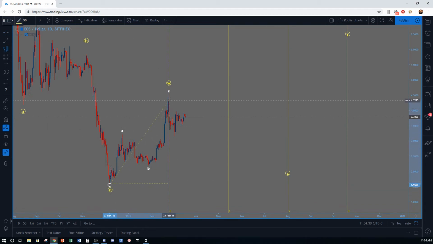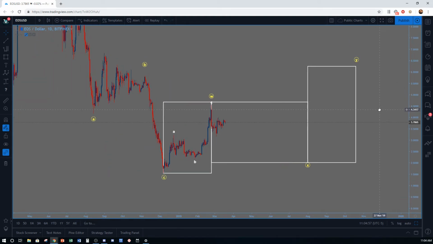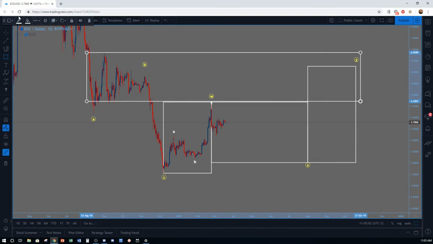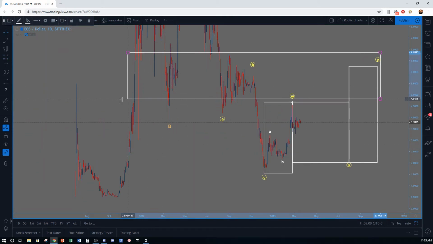So this would then be our impulsive move, followed by our corrective move, followed by our impulsive move. All contained underneath this resistance and ending up being rejected by this resistance level, which you can see has been significant for quite some time.